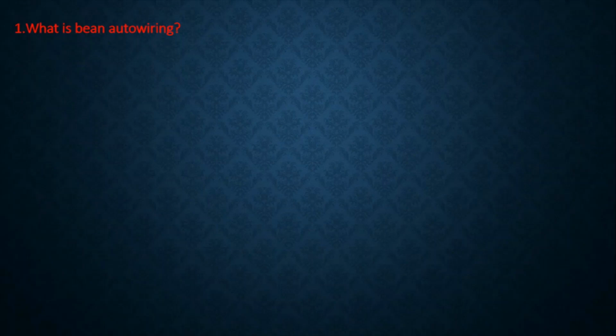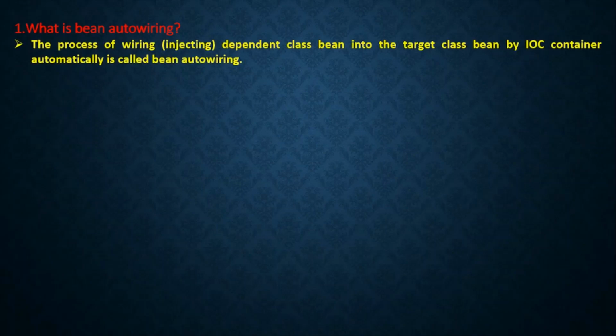So our concept is, what do we mean by bean auto-wiring? It is the process of injecting the dependent bean into the target bean. What we write as part of value for injecting the primitive type is the value tag, and for injecting the object type, we write the ref tag.